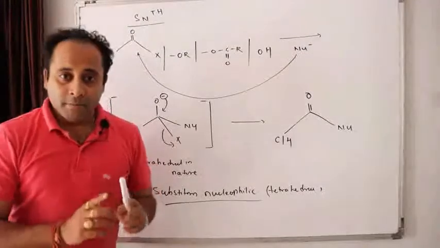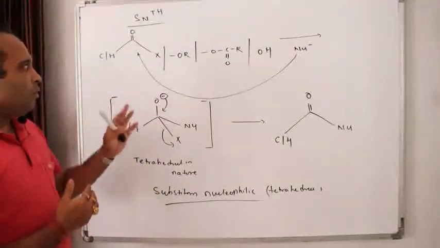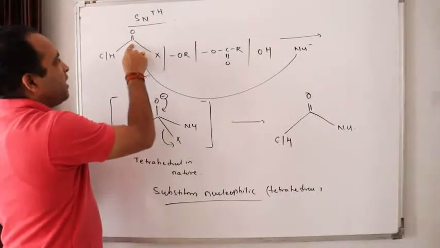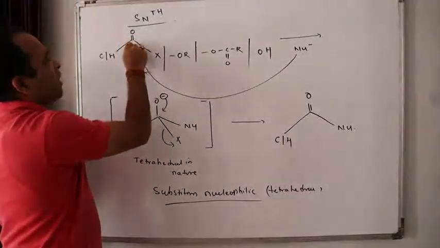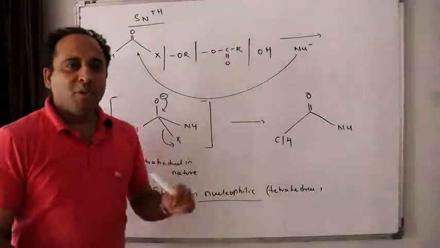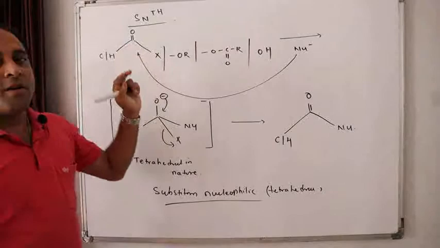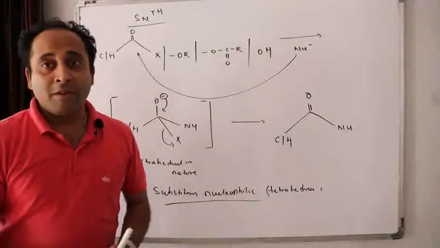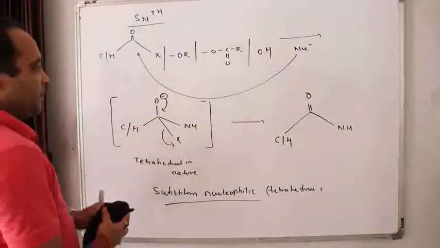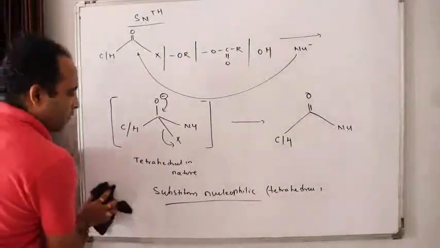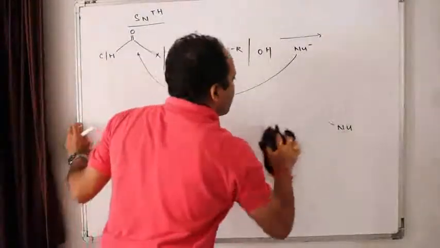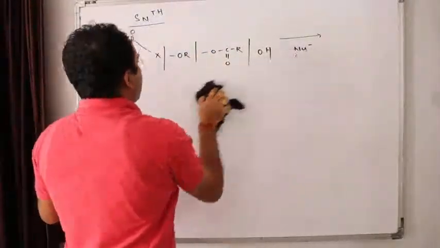And remember the most important thing: the more the positive charge magnitude over this carbon, the more will be the reactivity. So what do we mean by that? I said it, this is what I meant. Did you copy this? What is this positive charge value? Look here. We'll take a broad analysis from here only.